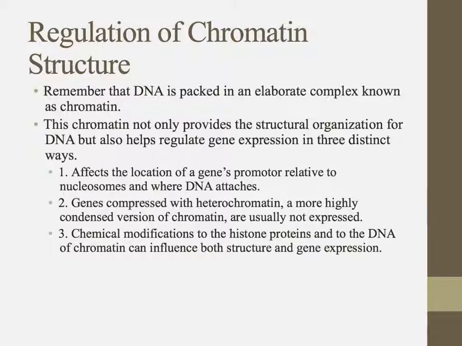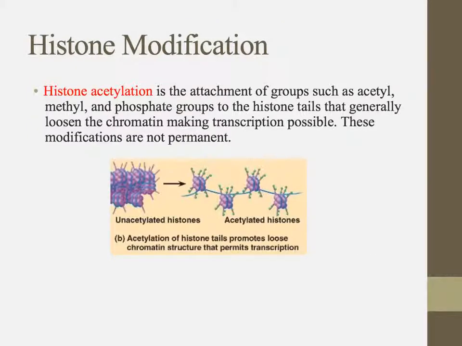Two, genes complexed with heterochromatin, a more highly condensed version of chromatin, are usually not expressed. So it's way more difficult for transcription to occur in that section, so it doesn't usually happen. And the third way is that chemical modification to the histone proteins and to the DNA of chromatin may influence both structure and gene expression. We're going to dive into this third one a bit more because it's a bit more complicated. So, histone modification.